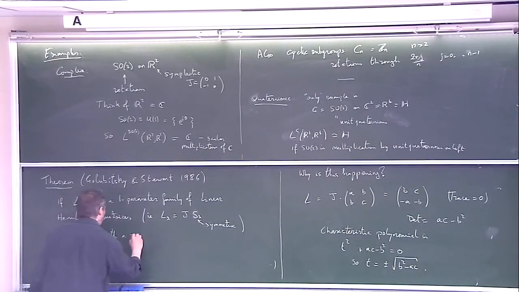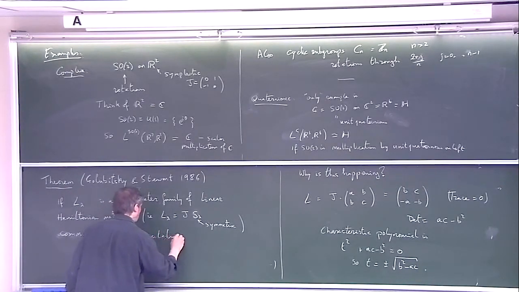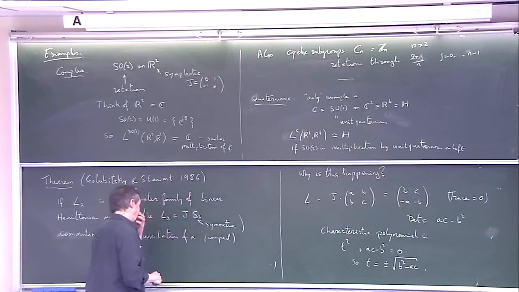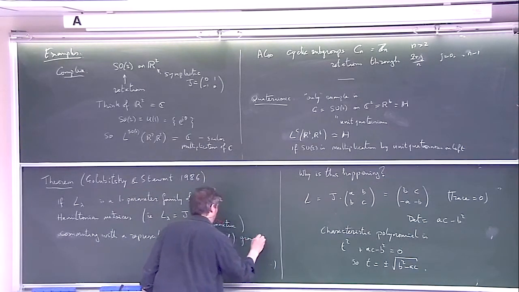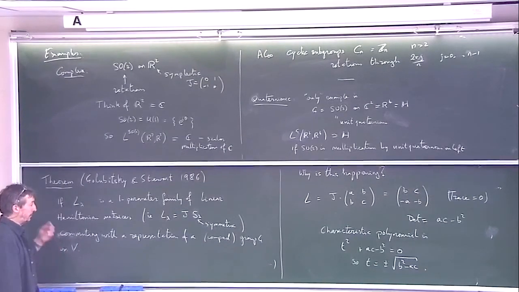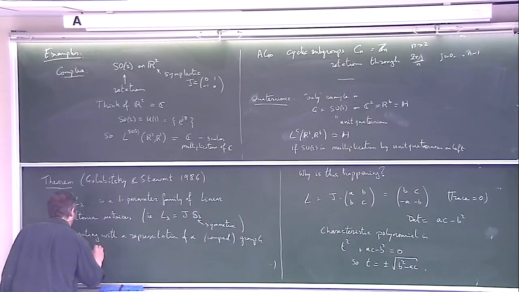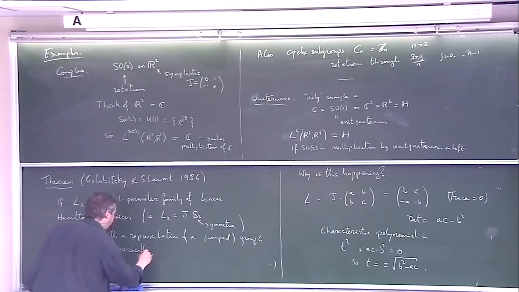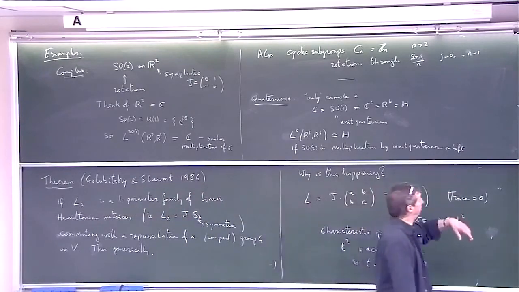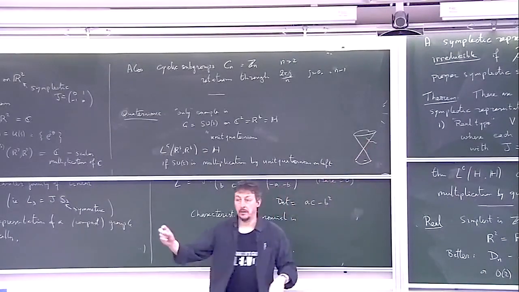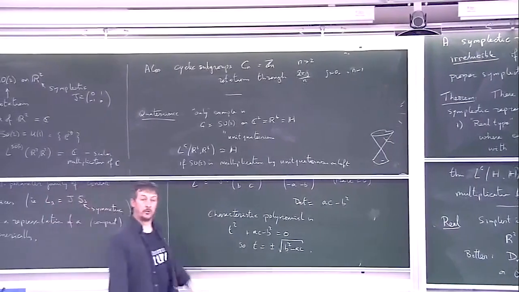So commuting with a representation of a, well, compact, so it could be finite group G on some vector space V. Then generically, like we had before with the cone, generically a path will meet the cone at some non-zero point, but some special things might occur.